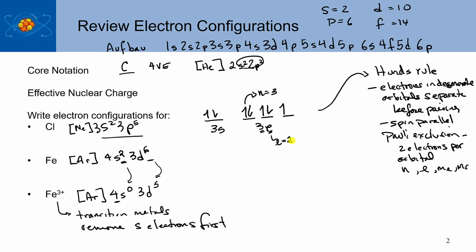So for most purposes, this is minus 1, 0, and 1 for m sub l. For that one electron that I'm drawing the arrow to, m sub l is minus 1. And then the spin can be either plus a half or minus a half. So m sub s is equal to plus 1/2, like that. So the spin can only be either plus a half or minus a half. So that's what we have for that.